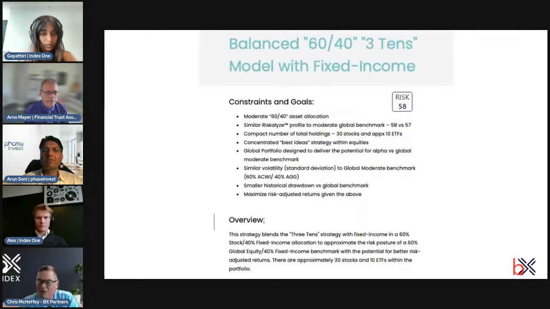In theory, some of these are doing very similar things. They both have momentum. Between Arun's strategy and Arno's strategies the correlations are 0.79 and 0.0.